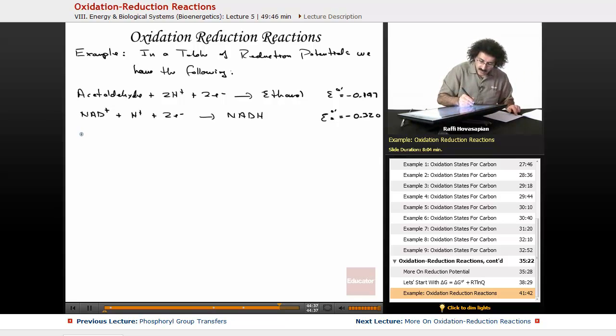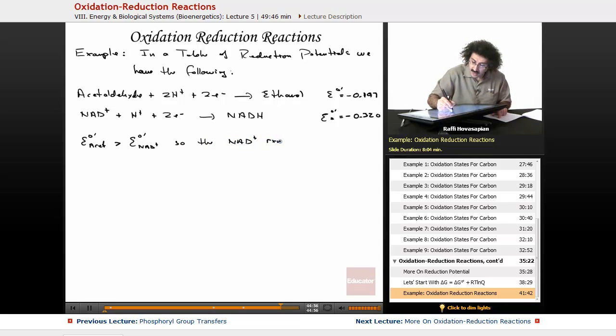So the E standard of the acetaldehyde is greater than the E standard of the NAD+, so the NAD+ reaction gets reversed. Always, that's what we do. Under spontaneous conditions, these numbers tell us that's what happens. It gets reversed. So what we end up with is the following.